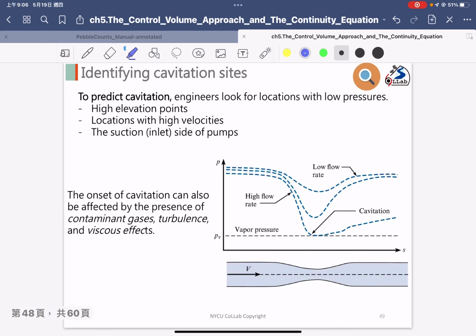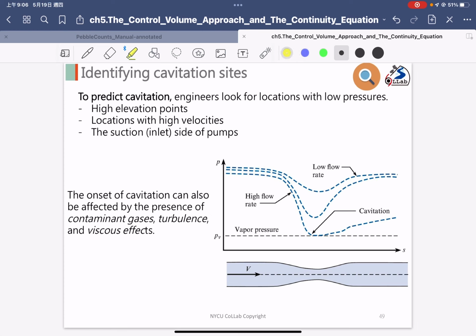Okay, but for real cases, usually we would like to understand where cavitation can occur, so we need to predict the cavitation.